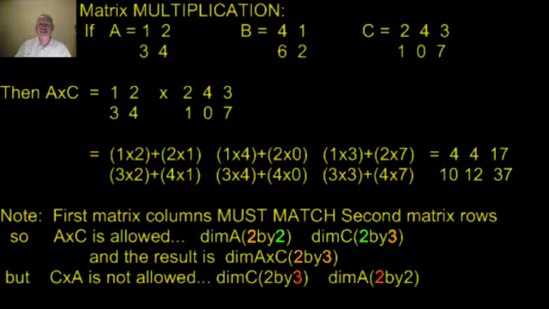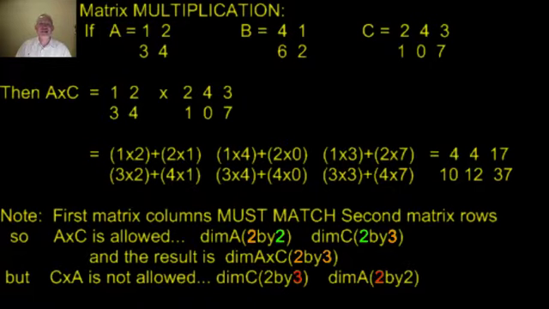So those inner coordinates for their dimensions, they don't match. And so it's not possible to multiply C times A. It doesn't make sense to do it. Okay, so that's basically the mechanics behind addition and multiplication.